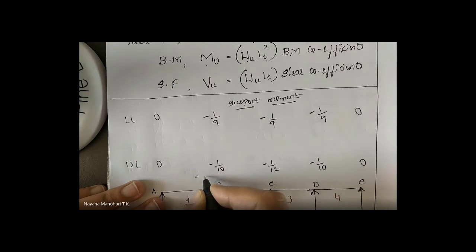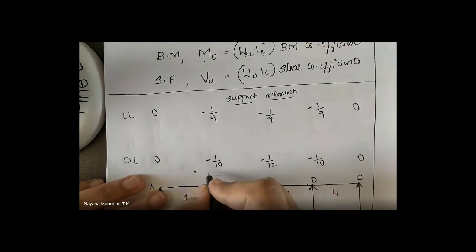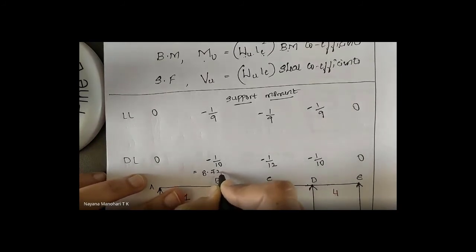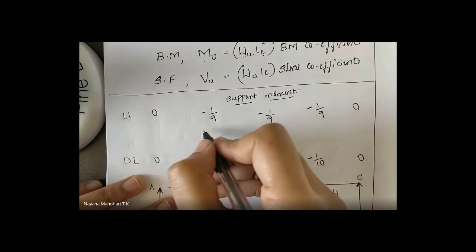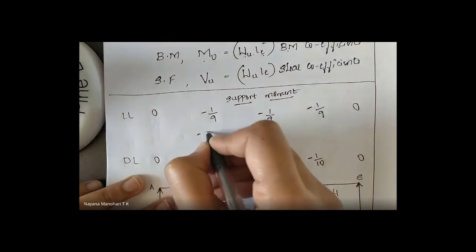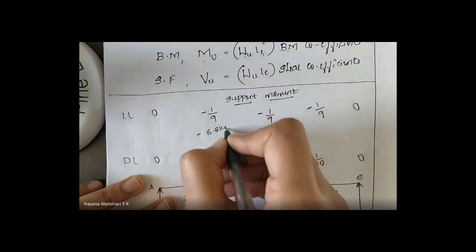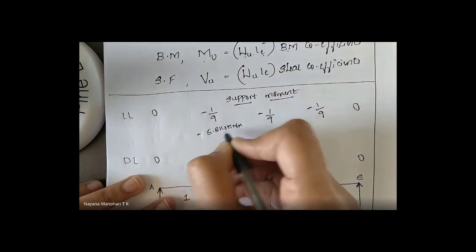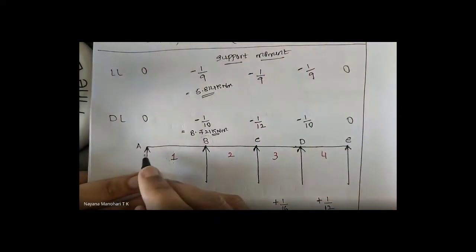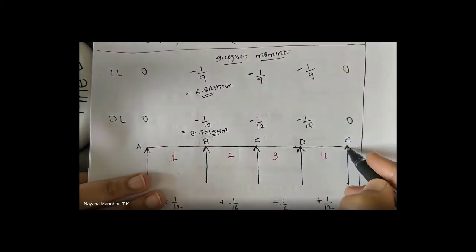For the time being, forget about the negative sign. You calculate it. You will get 8.721 kilonewton meter. Similarly, for the live load, you will get 5.814 kilonewton meter. The support moment is negative. Next, at the end support the moment is 0.